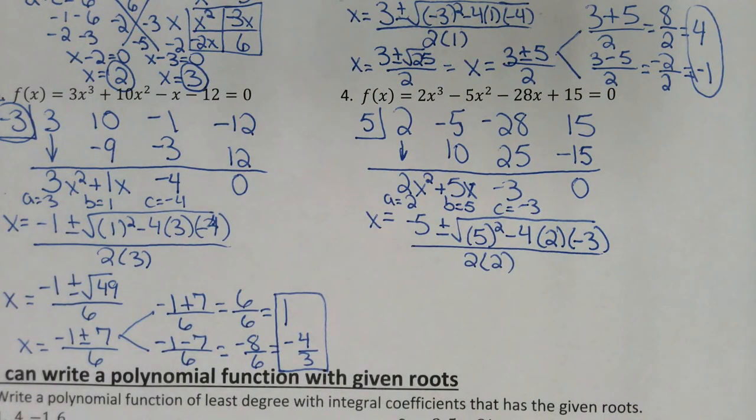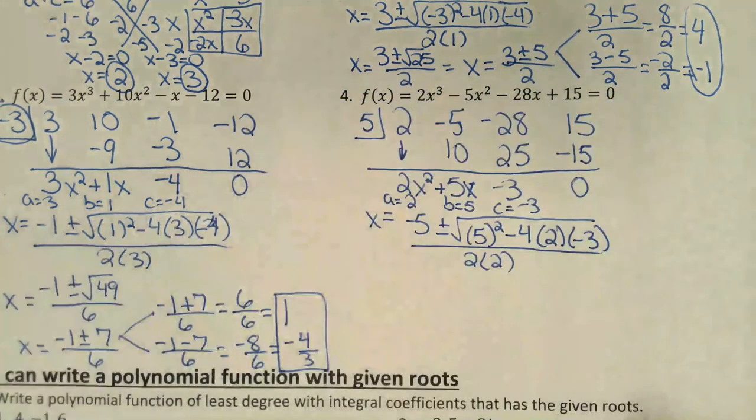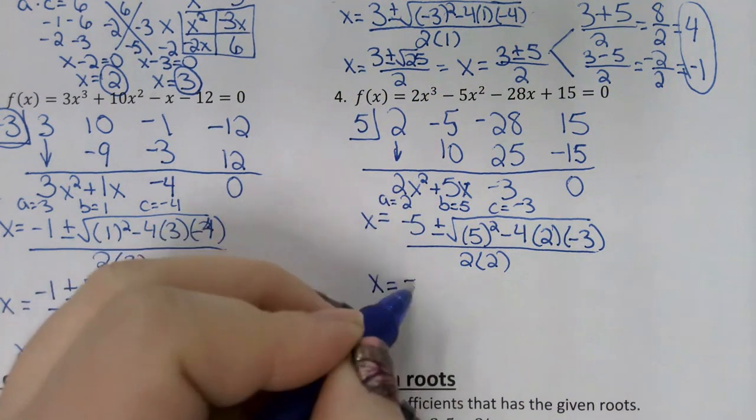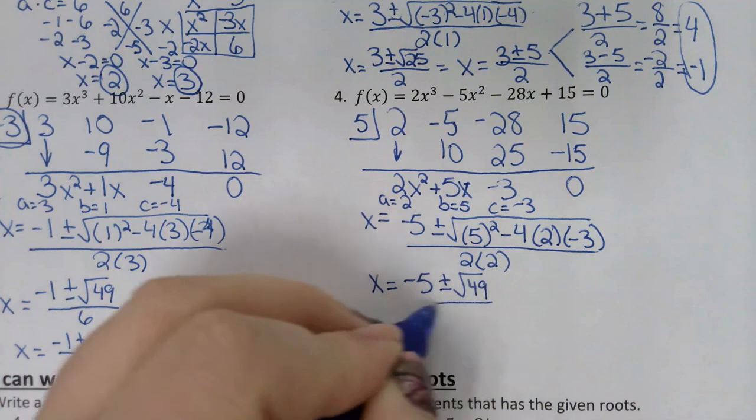Type that discriminant into your calculator. So 5 in parentheses squared minus 4 times 2 times -3. And I get 49 again for my discriminant. x equals -5 plus or minus the square root of 49 all over 4.